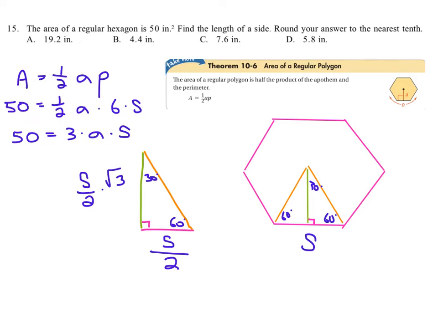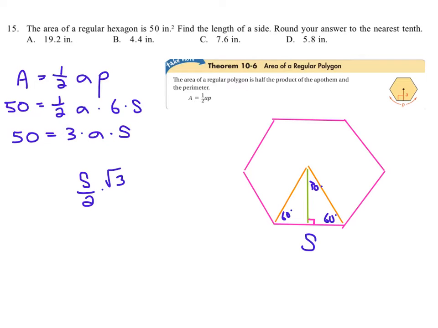S divided by 2, meaning half of the full side, gives us that short leg of this, times root 3. S divided by 2 times root 3. And I'm going to replace the apothem with that. So let me just erase this drawing here.